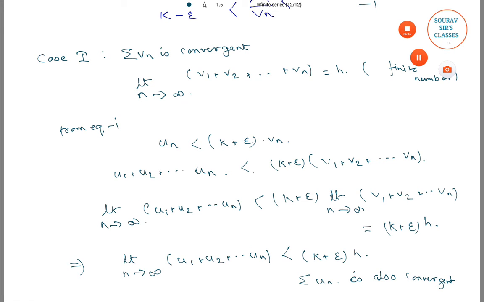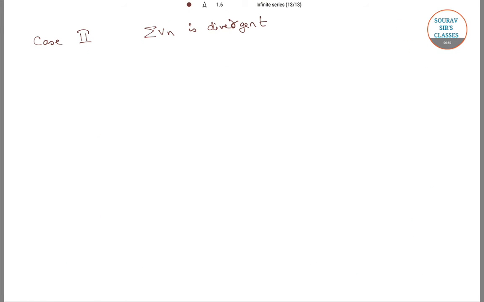Now let us consider that our series summation vn is divergent. Then limit n tends to infinity v1 plus v2 plus so on till vn tends to infinity. Now again, from equation 1 we have un is greater than k minus epsilon into vn.